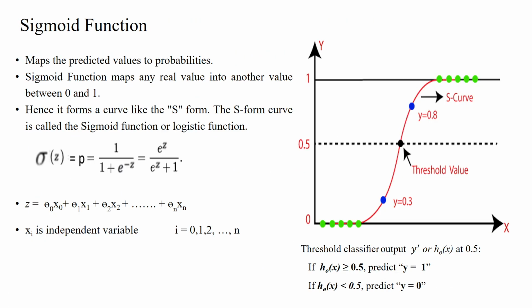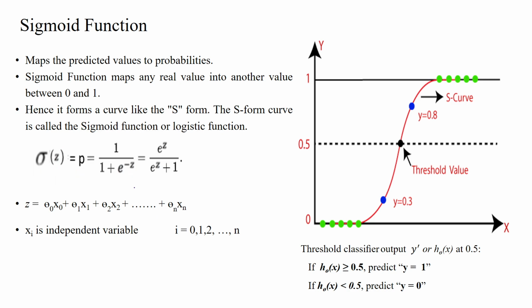Here we can use the sigmoid function to estimate the probability value for the given features: sigmoid of g equals 1 by 1 plus e power minus g. Here it can be written as 1 by 1 plus e power minus z. It can be expanded like e power z divided by e power z plus 1. This function is used to calculate the value either 0 or 1.